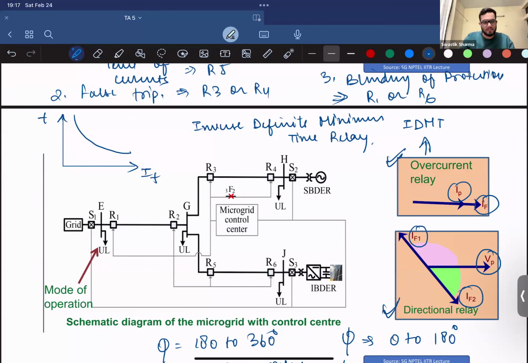As the fault current increases, the time taken to trip the relay also decreases, but it does not go to zero. Even if IF becomes very large, there is still a minimum amount of time it takes. It has to sustain this fault current to be able to trip, right? So this is a kind of overcurrent relay. Both of them work in tandem to produce results. That is, both of these trip signals are used together to trip a particular circuit breaker.